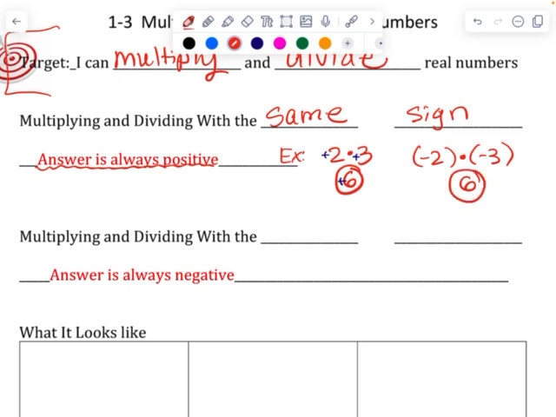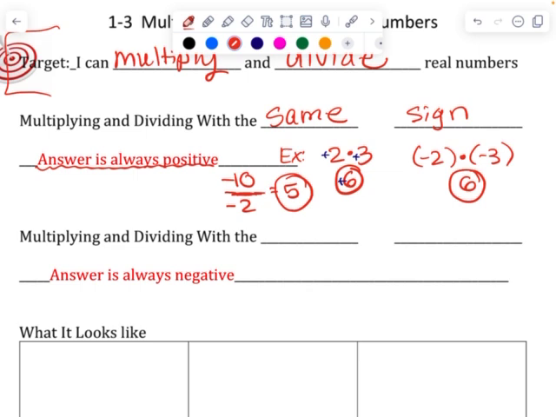Same thing with dividing. If I had, let's say, negative 10 divided by negative 2, I have a negative divided by negative, I'm going to get a positive 5. So again, multiplying and dividing with numbers that have the same sign result in a positive answer. These are only rules for multiplying and dividing.